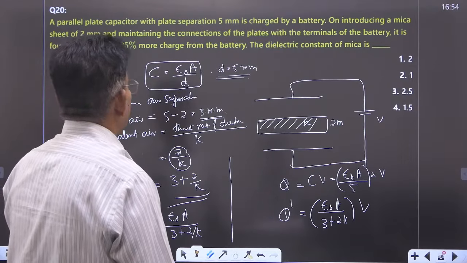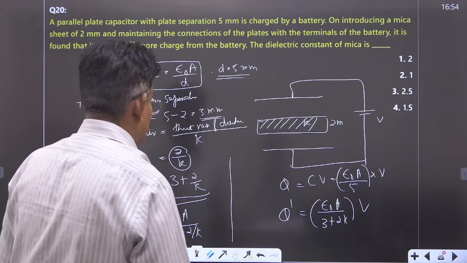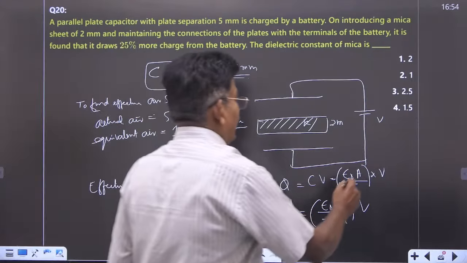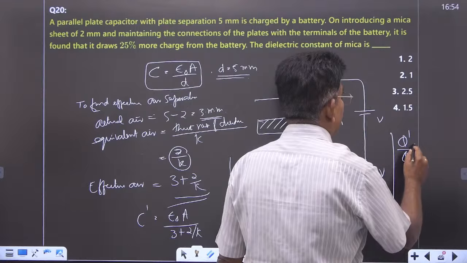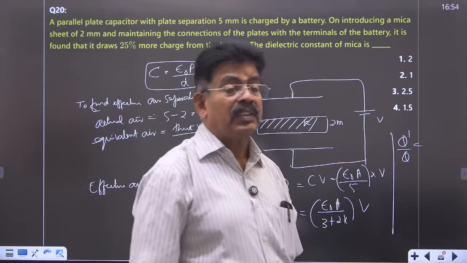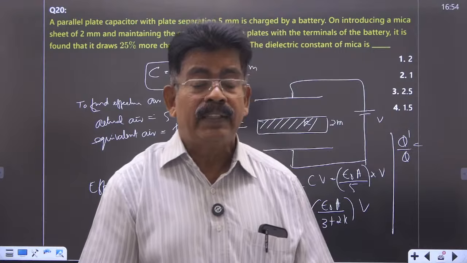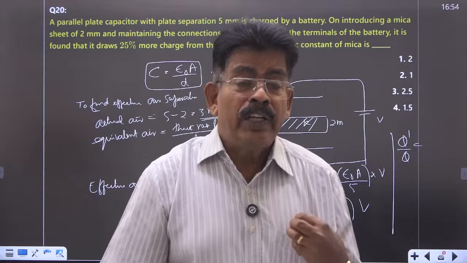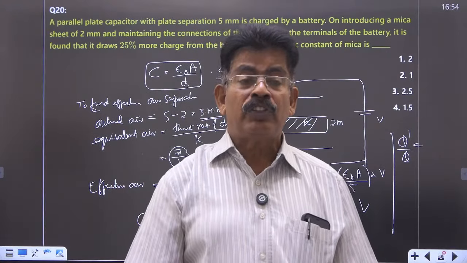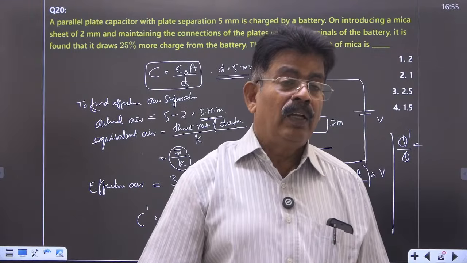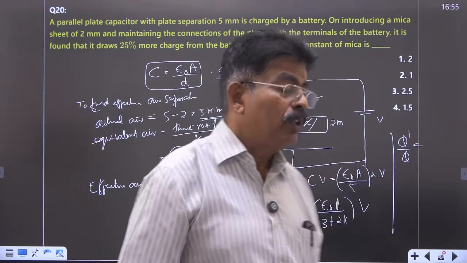It draws 25% more charge. That means Q dash is more. When filled with the dielectric, it can store 25% more charge. What is the meaning of 25% more charge? The new charge will be 1.25 times.